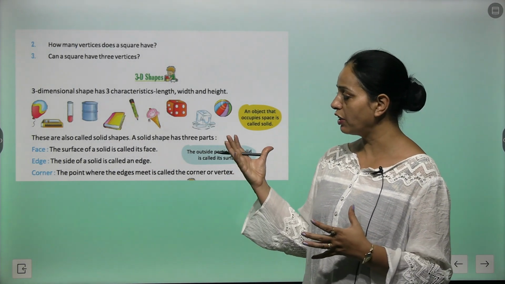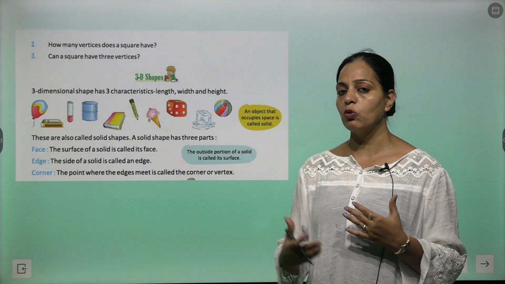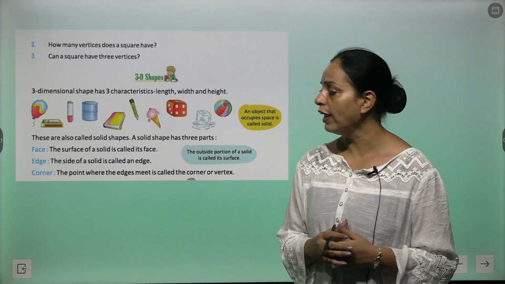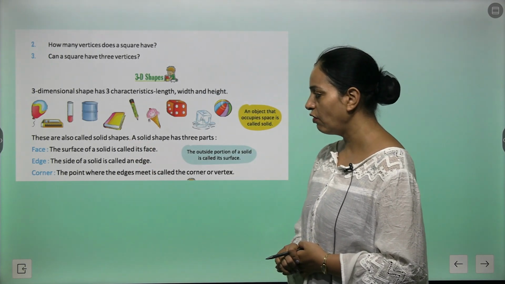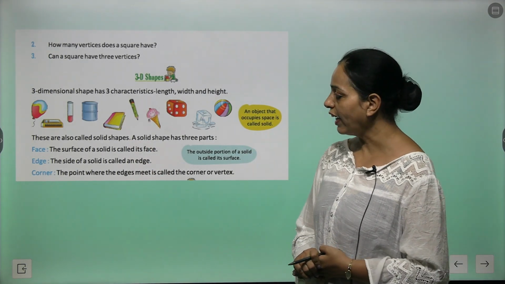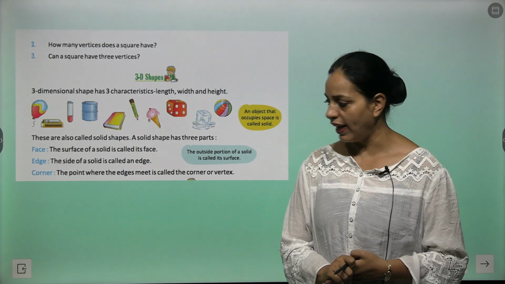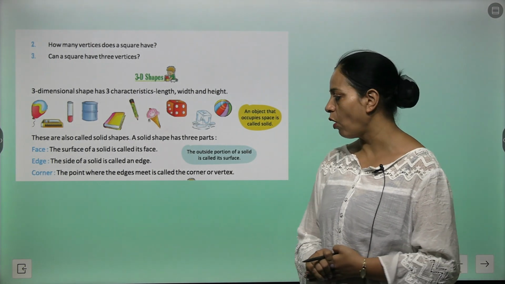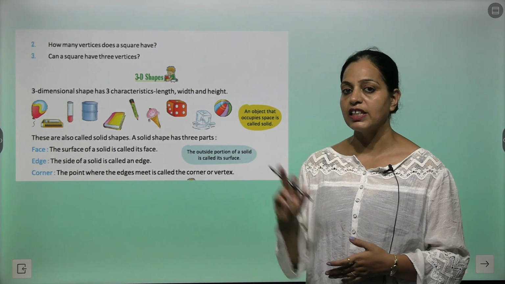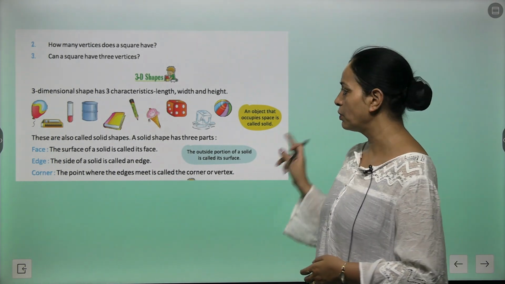Means कोई भी object, 3D object का जो outside portion है, उसको हम क्या बोलेंगे? Face, right? The surface of a solid is called its face, and edge, the side of a solid is called an edge, and the corner, the point where the edges meet is called the corner or vertex, as we have done in 2D shapes, right?